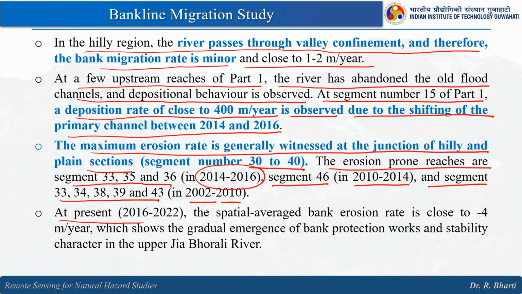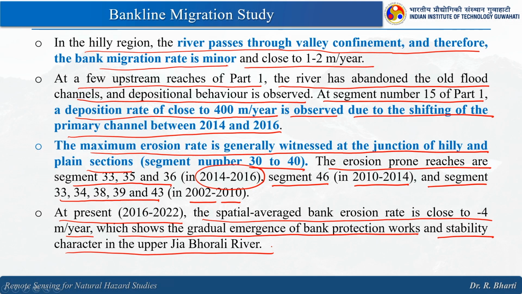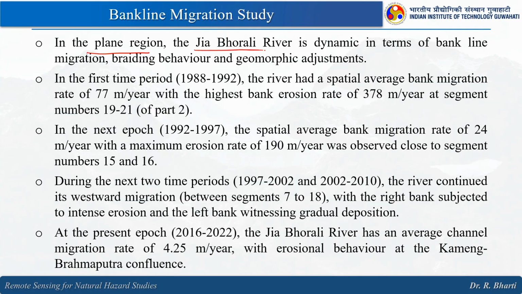At present, 2016 to 2022, the spatially averaged bank erosion rate is close to -4 meters per year, which shows the gradual emergence of bank protection work and stability character in the upper Kaming river. In the plain region, the Kaming river is dynamic in terms of bank line migration, braiding behavior and geomorphic adjustment.